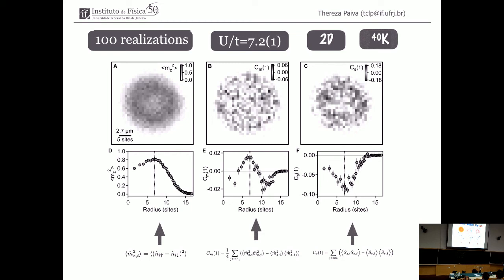So here is an image of an average over 100 realizations of the cloud, and we see here in the center that the cloud is lighter, meaning it's more full than 1 atom per site, because we have ejected the double occupations, and then we have this ring here where we come close to 1 atom per site. Here it's the charge, the local moment correlations between near neighbors. So if I sit in one site, I look at the 4 neighboring sites and see if the neighbor is also singly occupied or not, and what's the chance for it to happen.